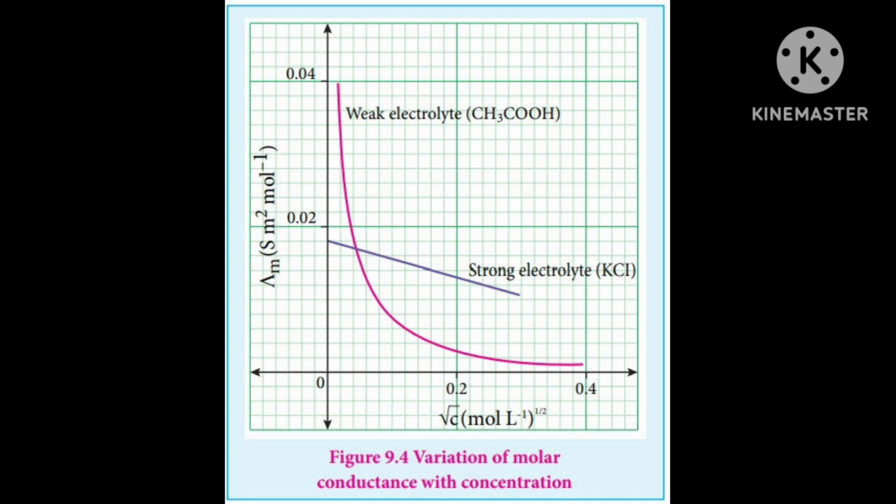The column has a diameter of 1 centimeter and a length of 50 centimeter, the 0.05 mole per liter NaOH solution is kept in it, and its resistance is 5.55 into 10 to the power 3 ohm.